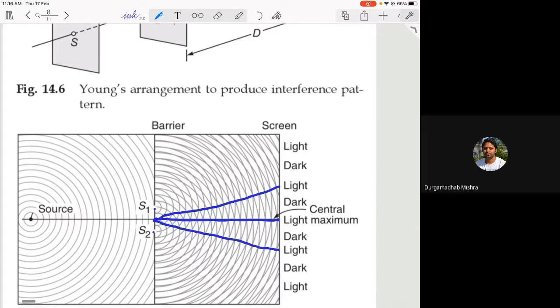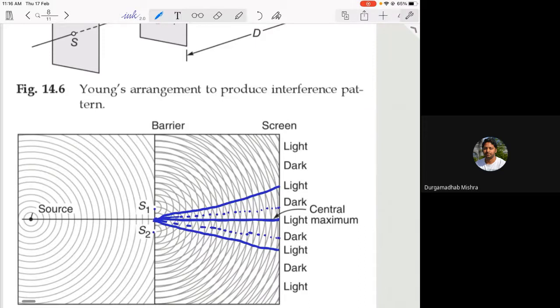But in between that, you have a situation where the phase difference between the two waves is exactly opposite. Therefore, if there is a crest for one wave, for the other wave there is a trough.